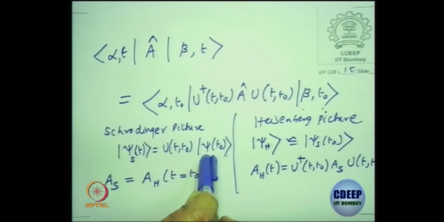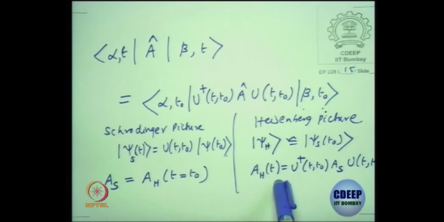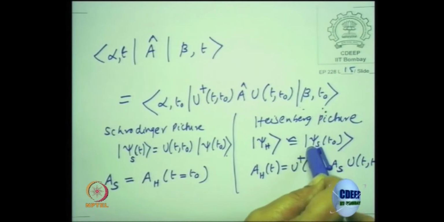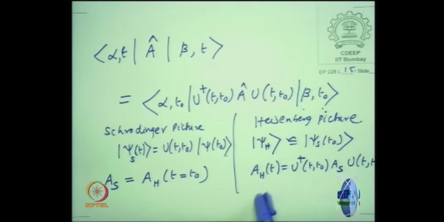There is no time evolution of the operator here, but there is a state evolution of the states here in the Schrodinger picture. Equivalently, in the Heisenberg picture, states don't evolve in time, but operators evolve in time.